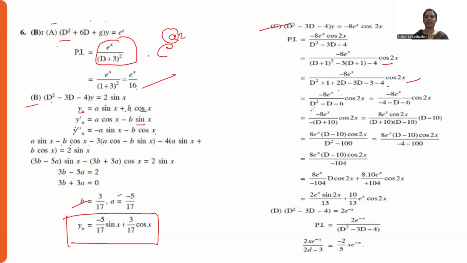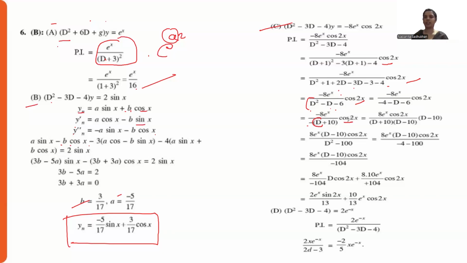That is minus 8 e to the power x over D square minus D minus 6, cos 2x. And from there, in place of D square we are going to put minus 2 square, so we have minus 4 minus D minus 6. So we have what? Minus 8 e to the power x over minus D minus 10, cos 2x.